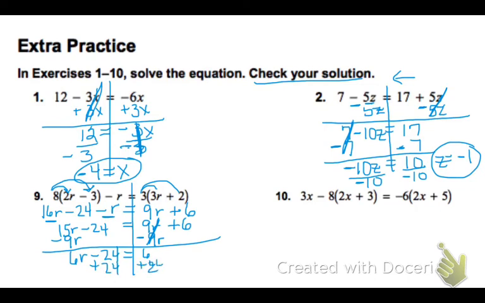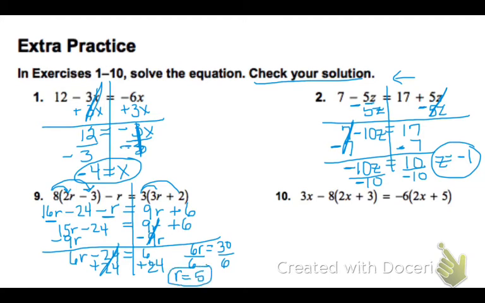So I'll get 6r is equal to, and when I add 6 and 24, I get 30. So I'm finally going to divide both sides by 6, and I find that r is equal to 5.